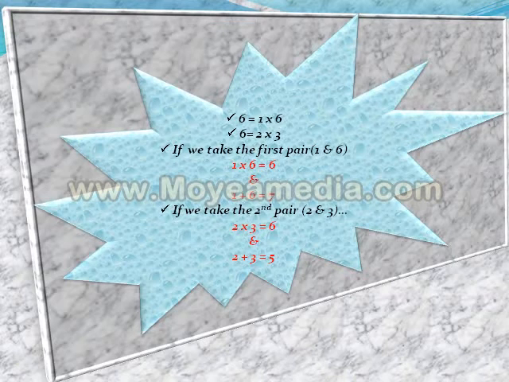But in our example, the coefficient b is 5. So the 1 and 6 pair, though it satisfies the first condition, does not satisfy the second condition. We are not getting 5 here. You might say, okay, take 6 minus 1.